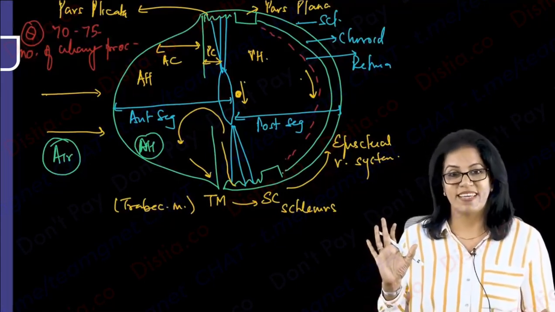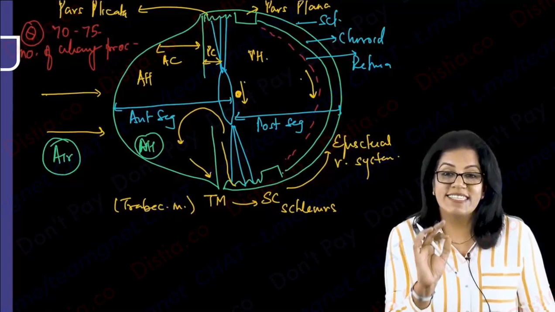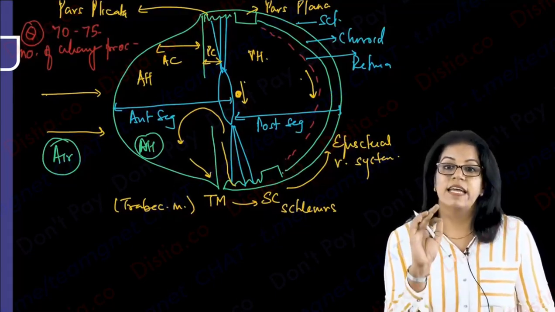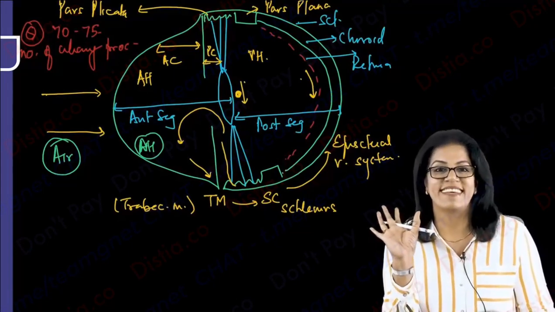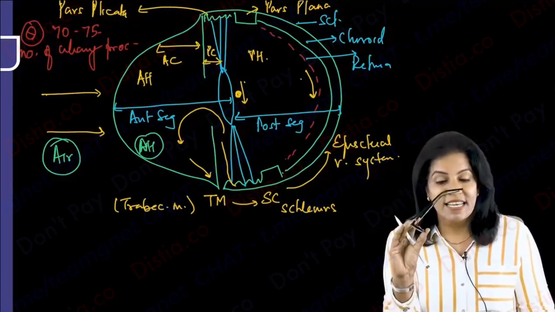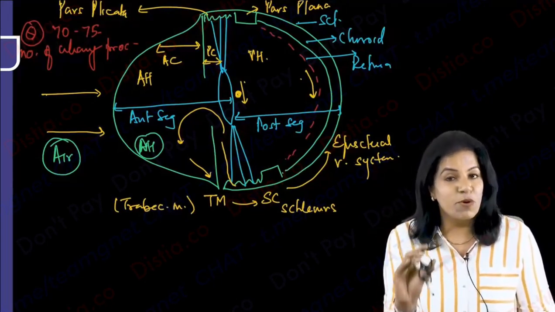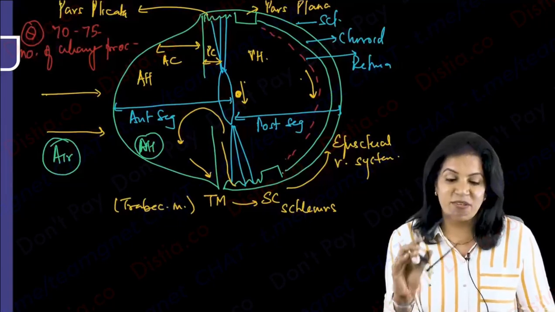This much we know. Because the main role of the cornea and lens is refraction and focusing, it is very important that they should be absolutely transparent. And because both the cornea and lens should be absolutely transparent, this is the reason both the cornea and lens are avascular.